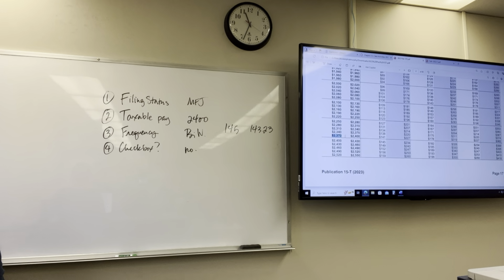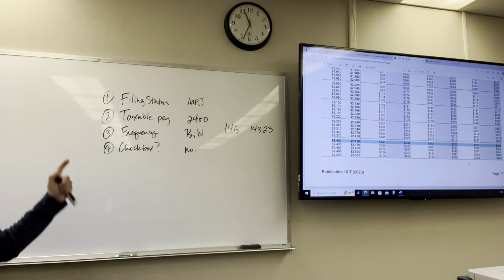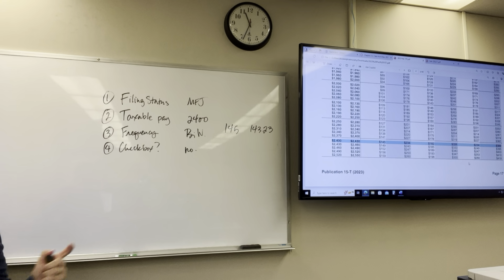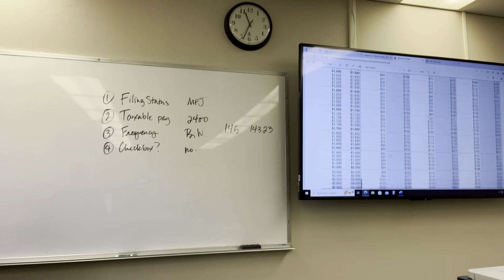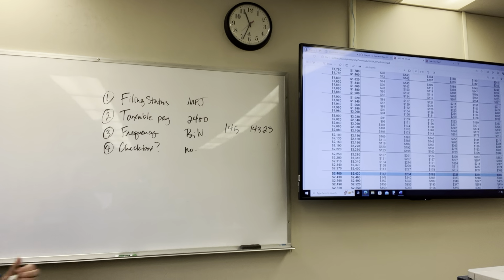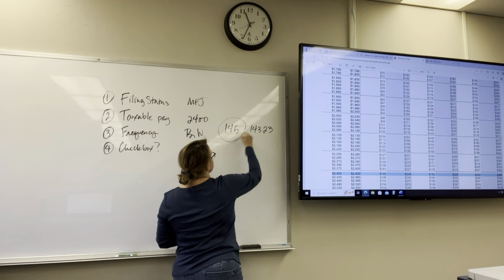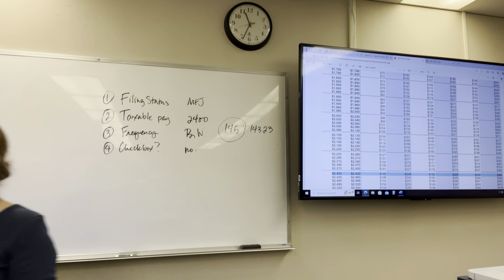So again, this one, we're right on the line, so we're going to use the second row. Married filing jointly, no checkbox, so standard withholding, married filing jointly is going to be this first column here, 145. Now use the second method.